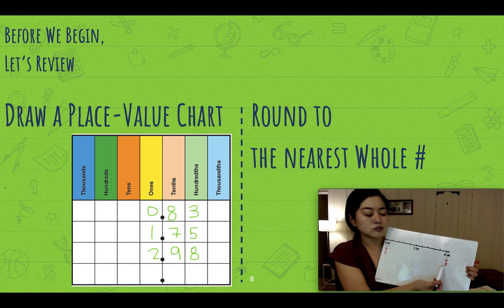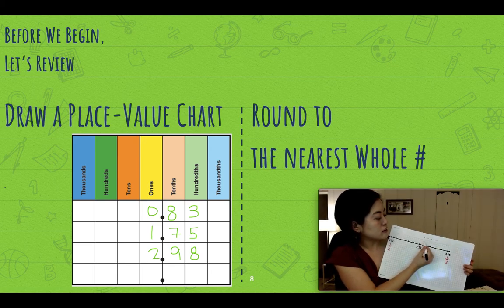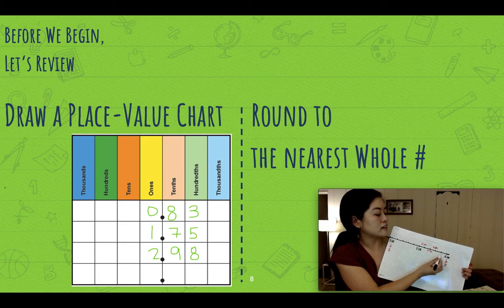So let's look where 2.98 can be. 2 and 98 hundredths. Well, this is 2 and 50 hundredths. 2 and 60 hundredths. 2 and 70 hundredths. 2 and 80 hundredths. That's a decimal point. It's an 8. 2 and 90 hundredths. 3 and 0 hundredths.